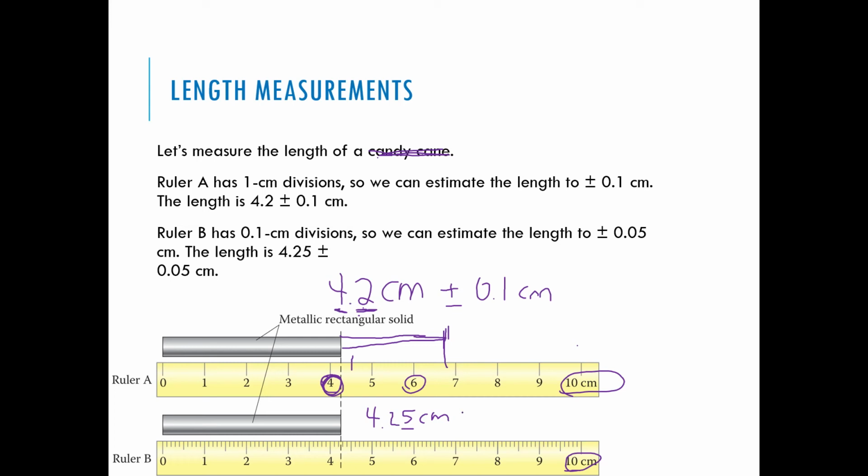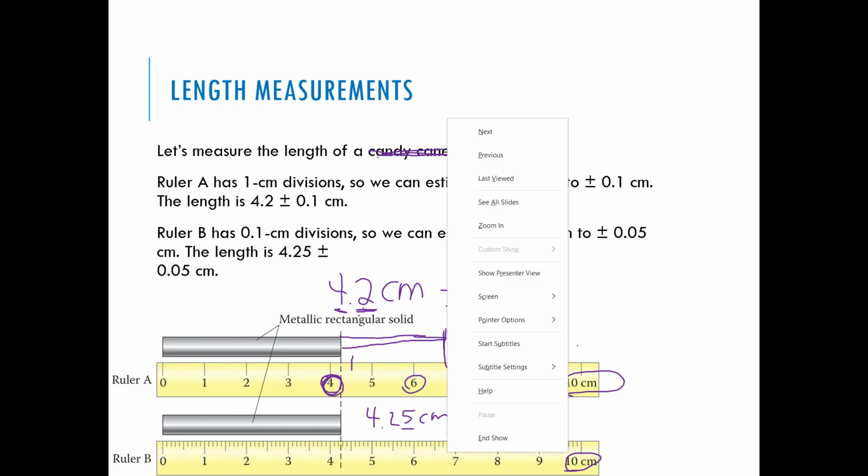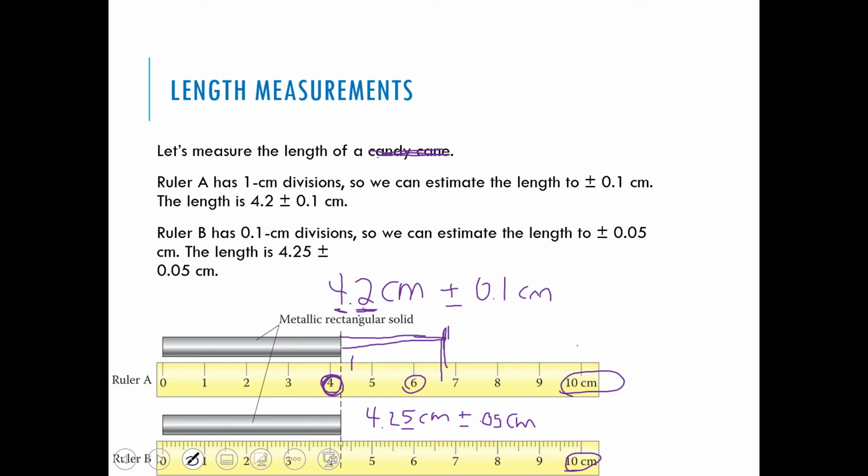So I would say 4.25 plus or minus 0.01. The same goes if I take this pencil drawing and follow it down.